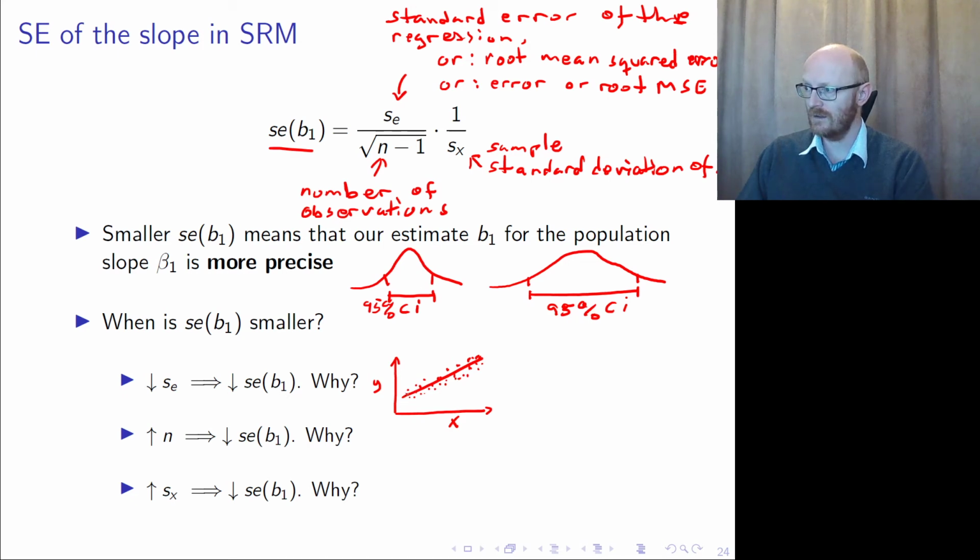The standard deviation of the residuals here, they are quite small.